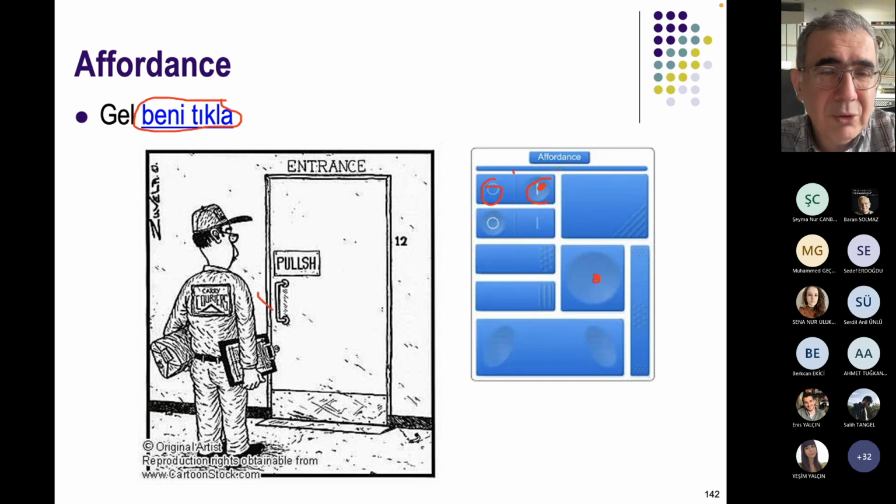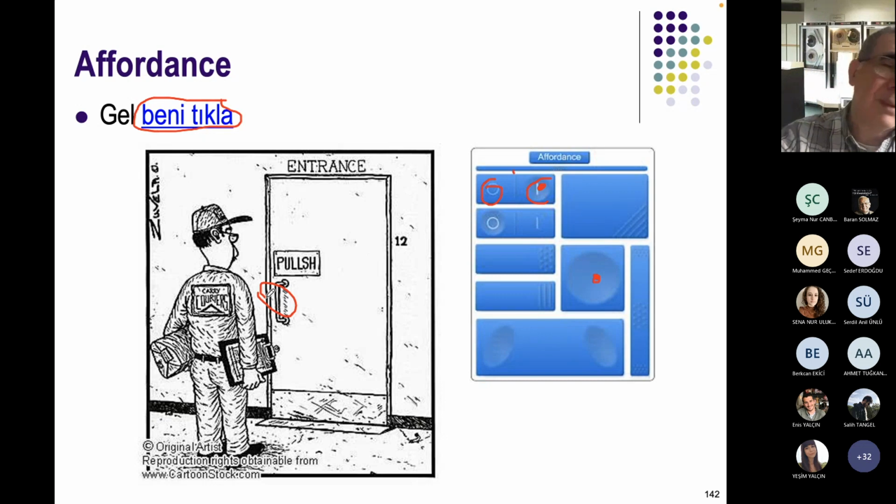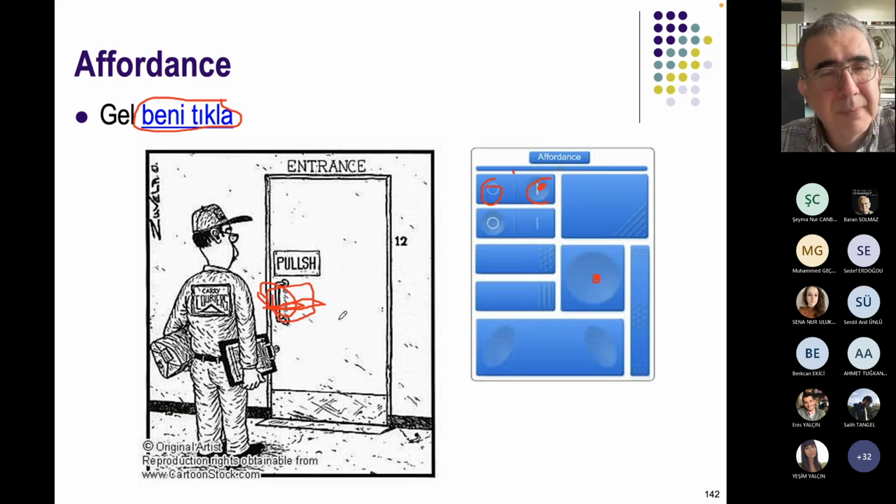When you see a door like this, probably you are going to pull, not push. If it is going to be pushed, then it should be a horizontal bar or panel. So pulling or pushing is an interesting phenomenon, which is not solved in many countries, including Turkey.